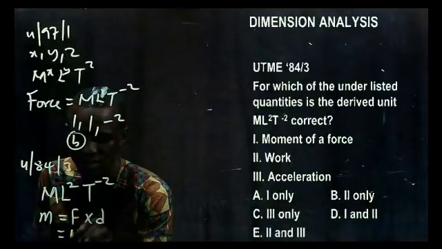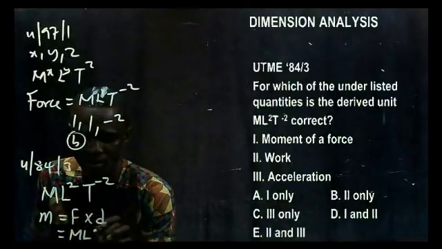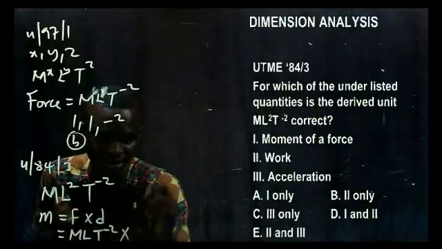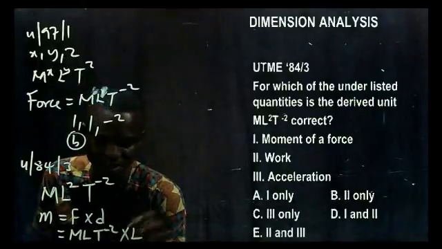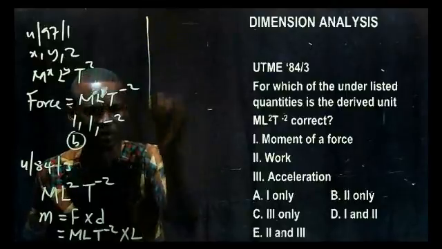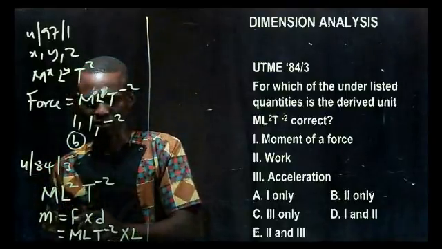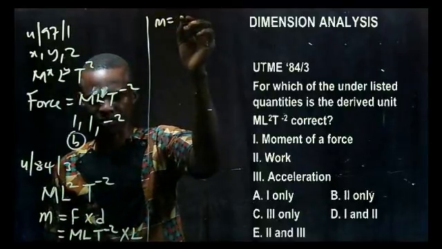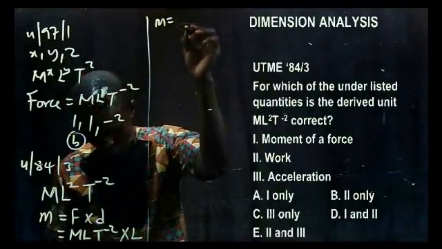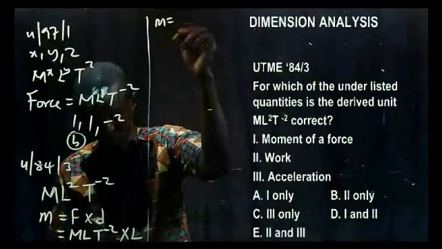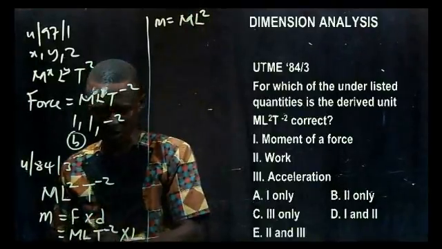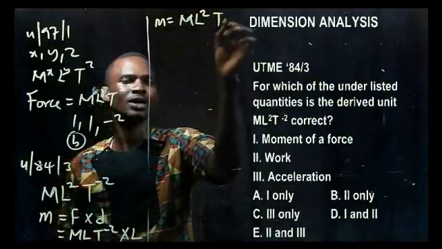Force is M L per T squared. Distance, the dimension is length, capital L. So force times distance, which is the moment of force, is M L squared per T squared.